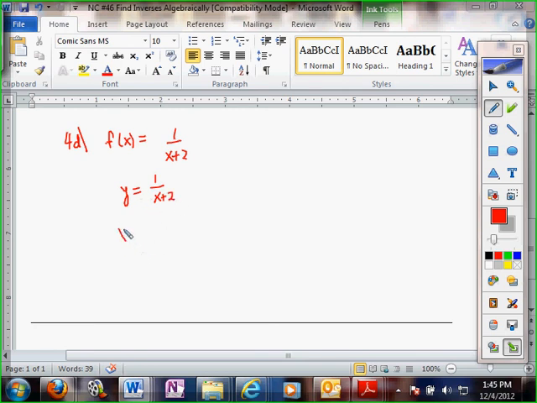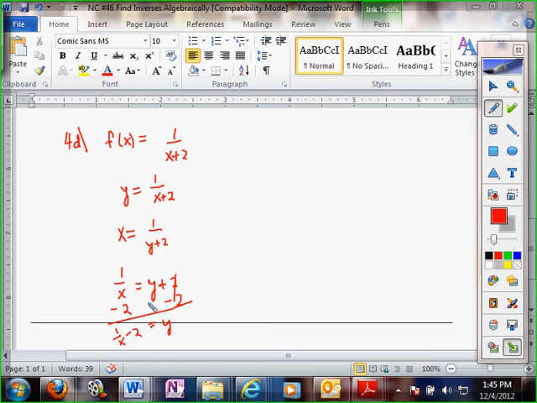Interchange x and y. x equals 1 over y plus 2. Solve for y. The easiest way to do it, if I take the reciprocal of the right side, I have y plus 2 equals, the reciprocal of the left is 1 over x. Subtract 2 from each side, and I get that y is equal to 1 over x minus 2, and I'm done.